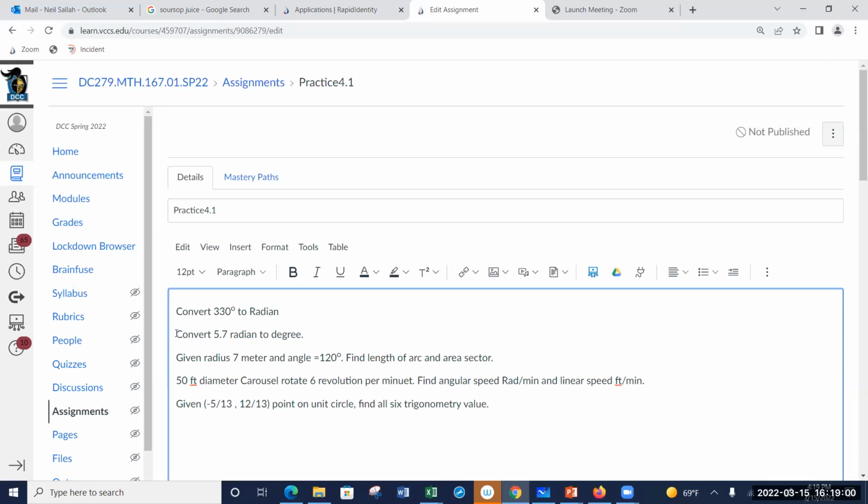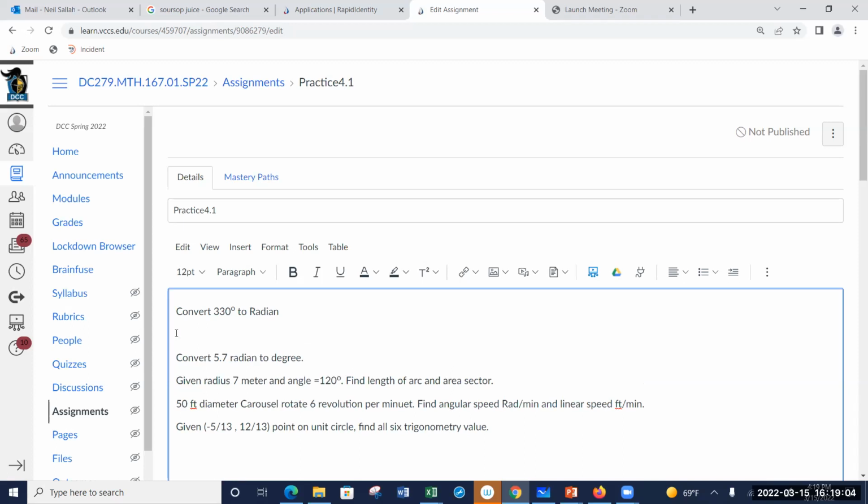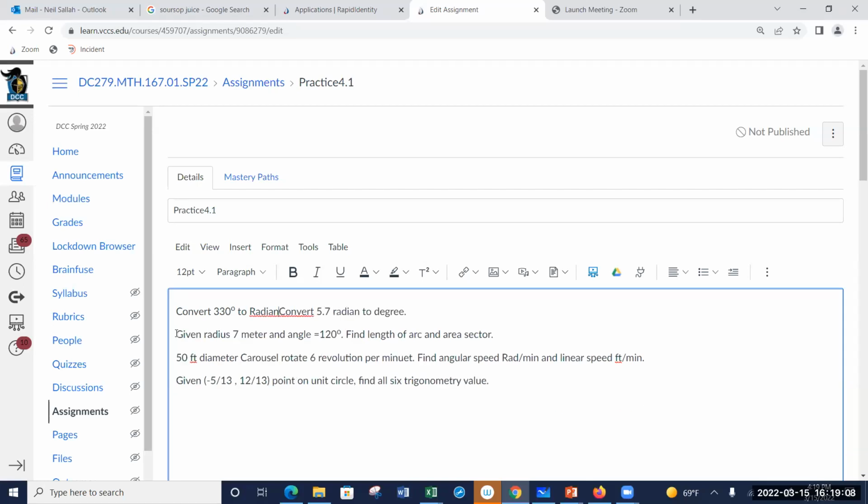Where did I convert those to? Convert 330 to radian and convert 5.7 radian to degree.